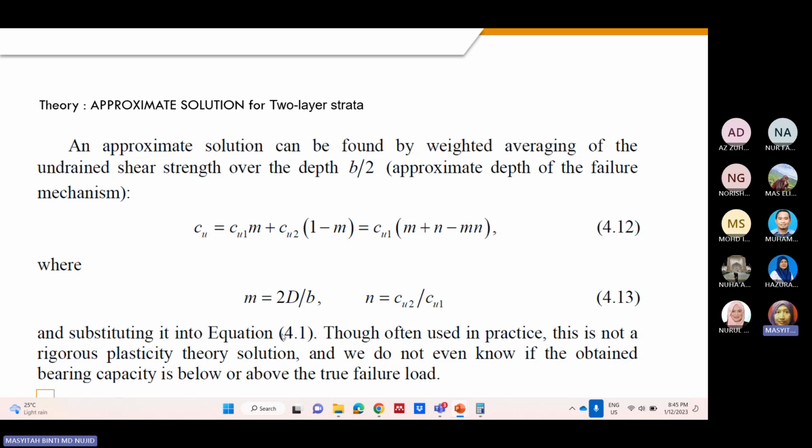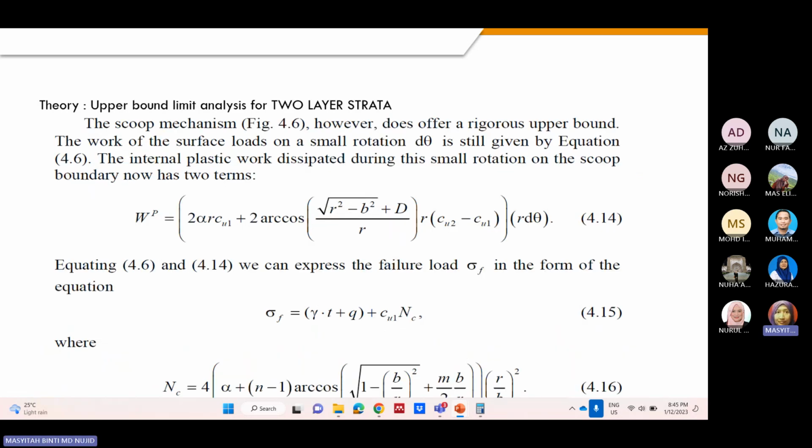So substitute into our equation 1. Our equation 1 from earlier is sigma equals gamma times T plus Q times Nc, gamma T times Q plus Cu1 and C. So it still uses the same concept, the scoop mechanism, which has internal plastic work dissipated, then some kinds of small rotation on the scoop boundary.